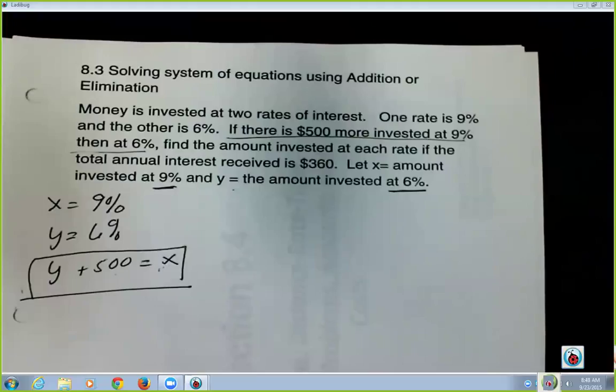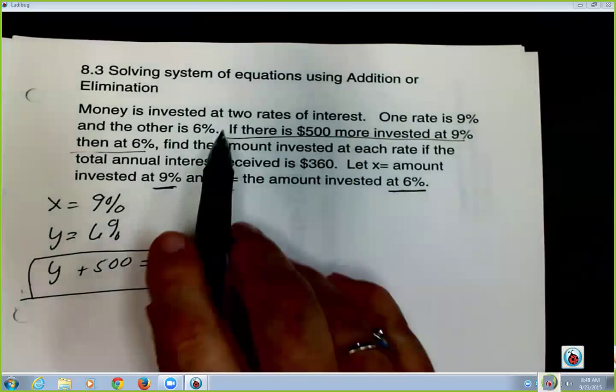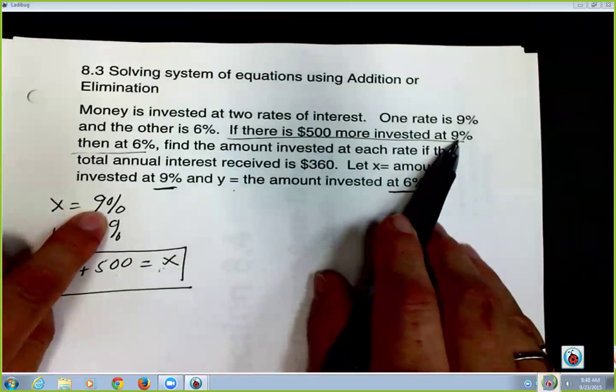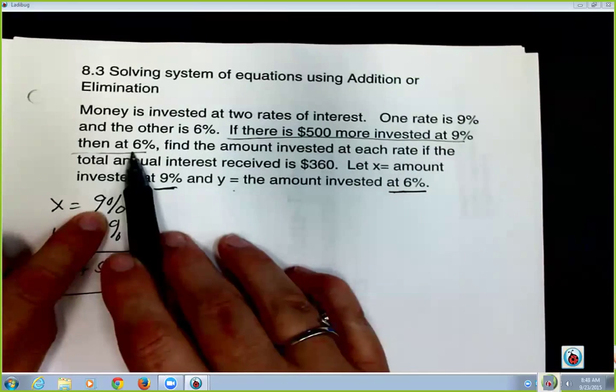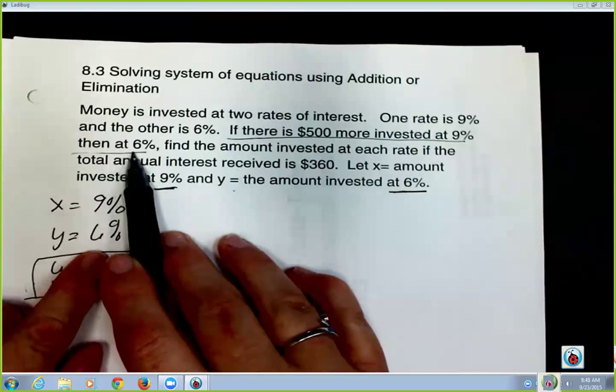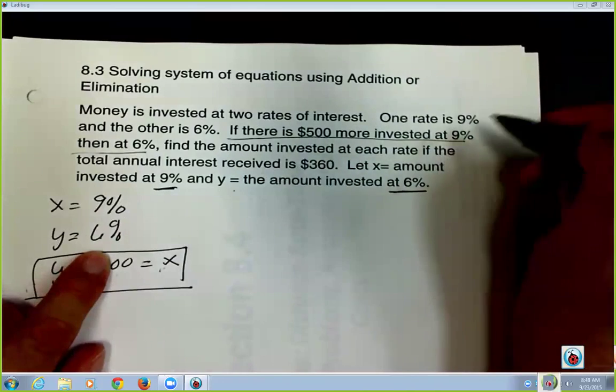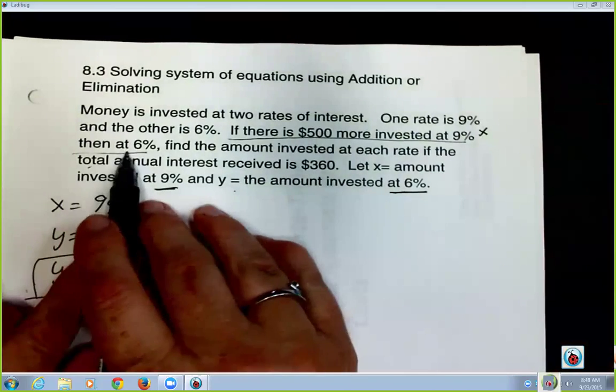But it says if there's 500 more invested at 9% than at the 6%. 6% represents Y. So there's 500 more invested at X than at 6%.